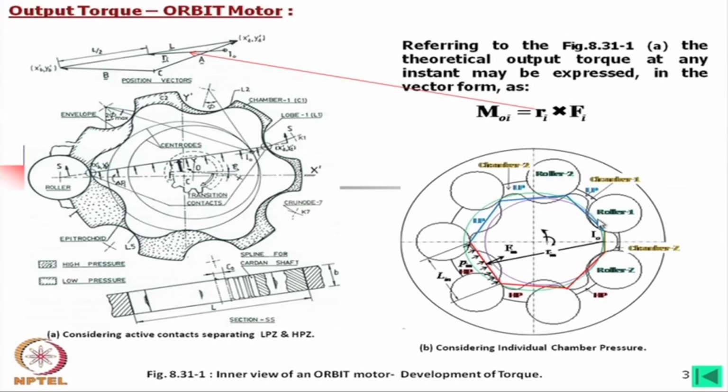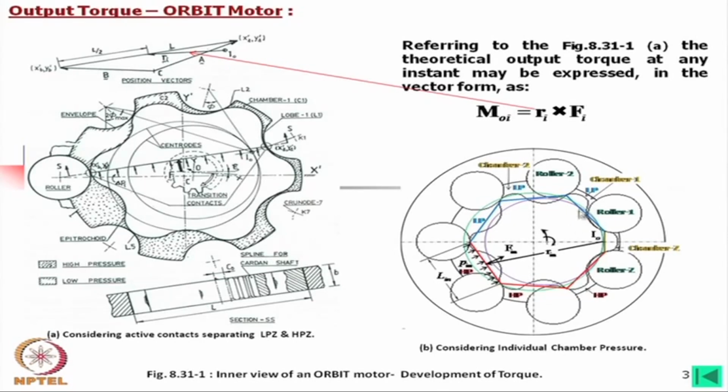Now, here we must know, because we will refer to the ith chamber or roller. In this case, we have considered this is roller 1, roller 2, roller 3, etc. Therefore, this must be the jth roller. In this figure, we have considered 7 rollers, and the lobes in the star are 6. Okay, number of lobes in the star is 6.